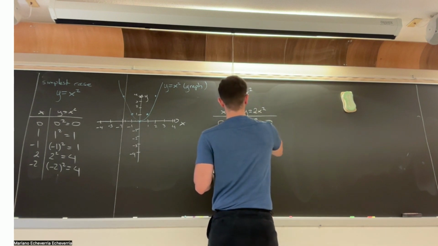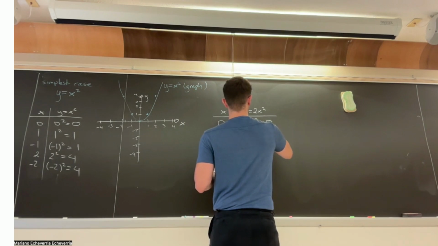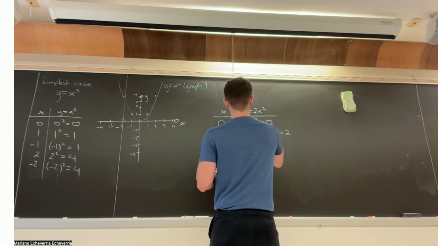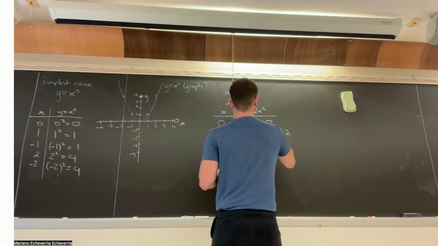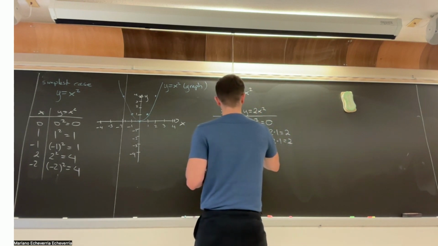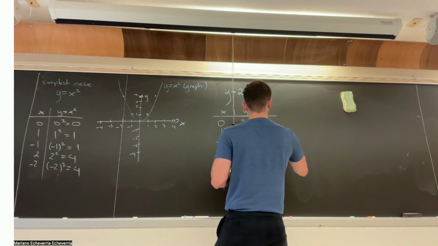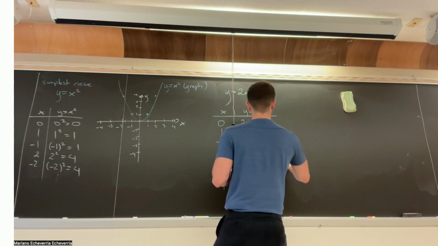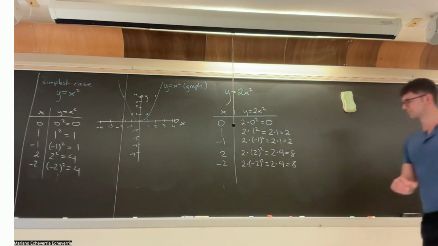Then you get 2 times 1 squared, which is 2 times 1, which is 2. Then 2 times -1 squared, which is still 2. Then 2 times 2 squared, which is 2 times 4, which is 8. And 2 times -2 squared, which is also 8.